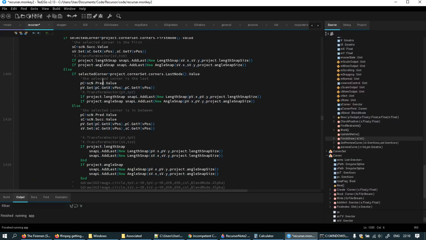Is it possible I'm still just making a mistake here for this one? No, it's not. I've really fixed all that, haven't I? Angle snap being taken from the correct position as well.